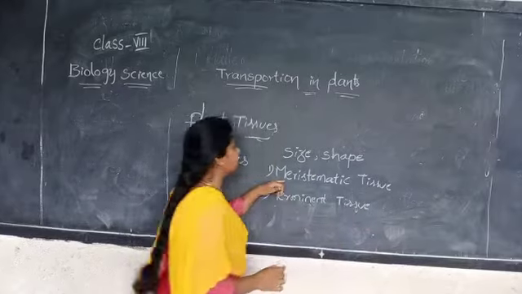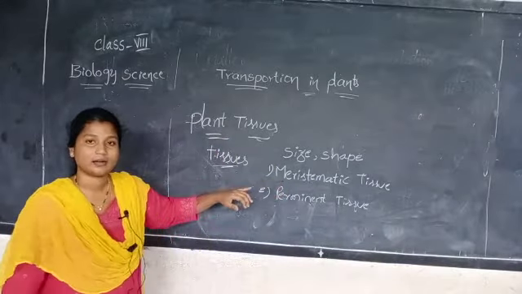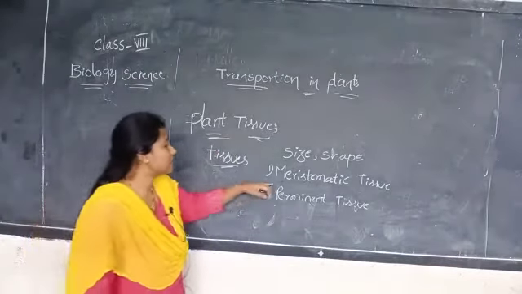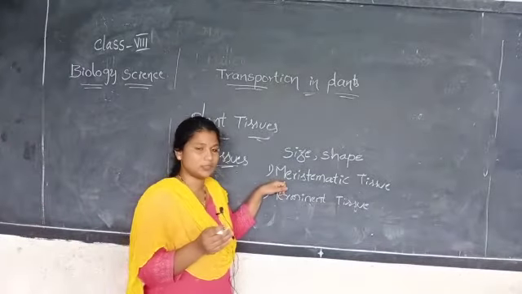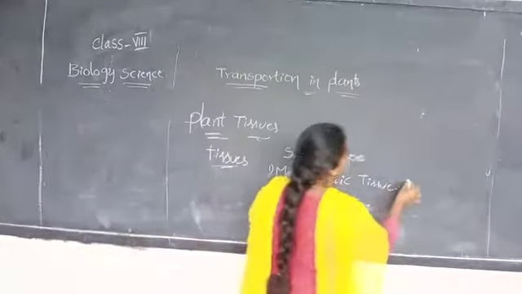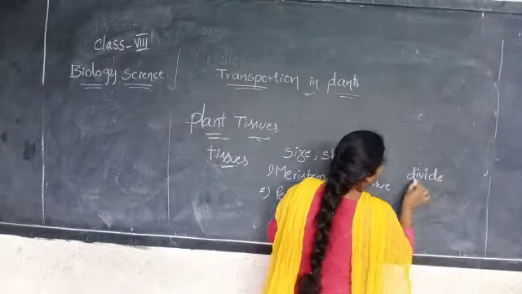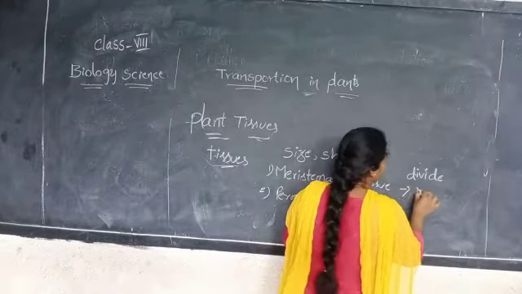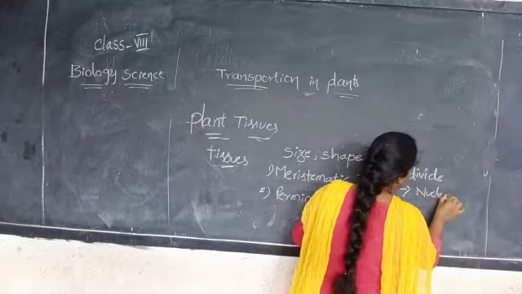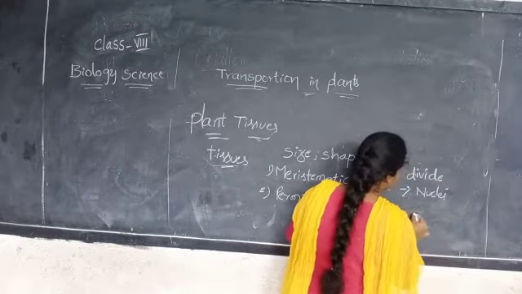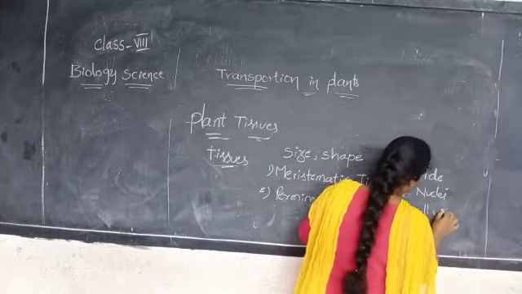In meristematic tissue, the cells are very active. These have very thin walls, so they can easily divide. It has very large nuclei and it has a cell vacuole also.